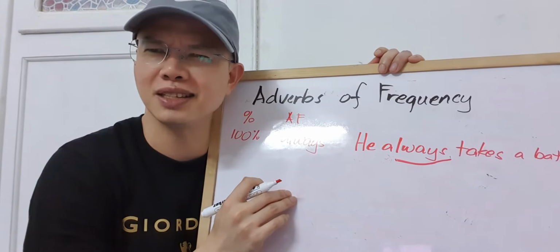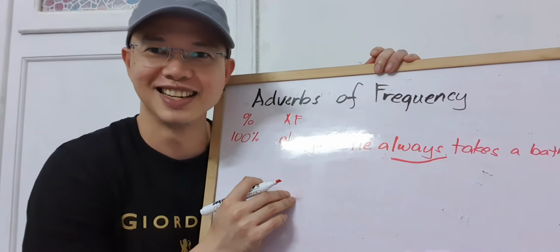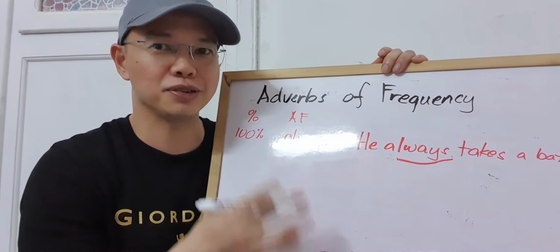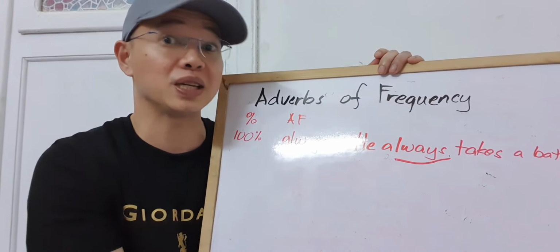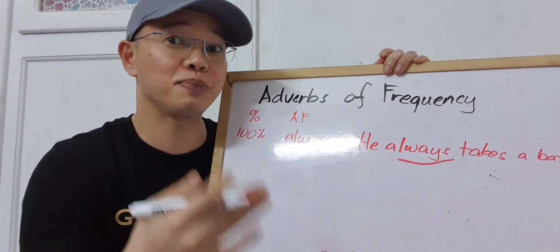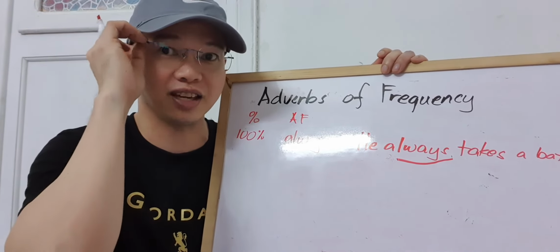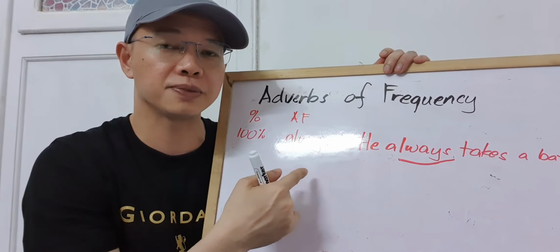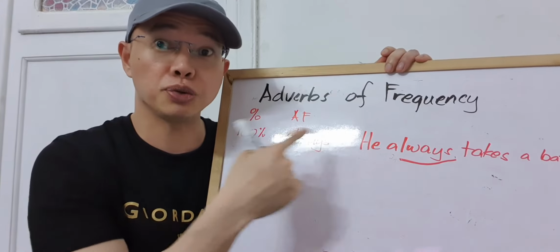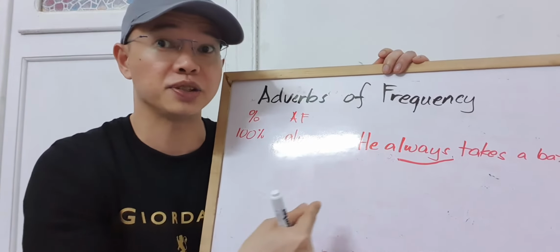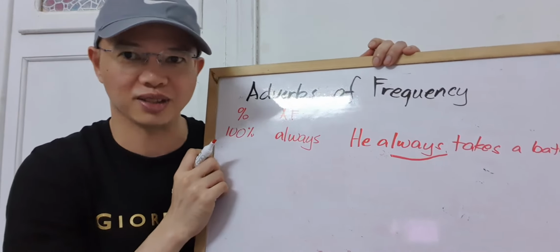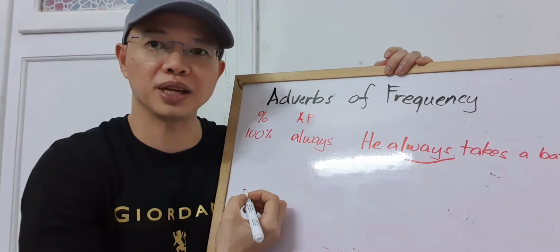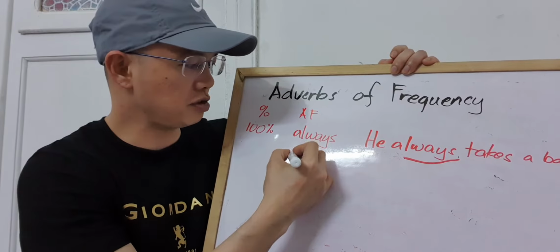Do you understand what I'm talking about? Because that's how you apply the adverbs of frequency. So it depends on your context. But you always have to consider that when you use always, that means you're doing something 100% according to your context. Okay, so next word, would you guess? That's usually.